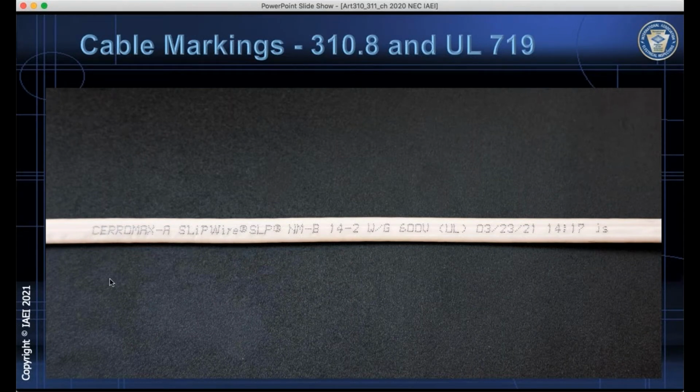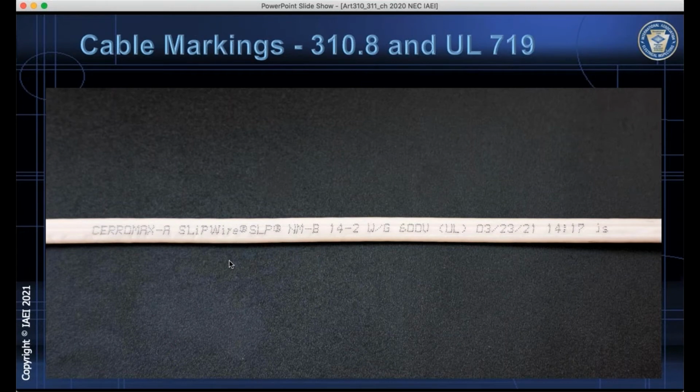So we know who the manufacturer is. Now that could be an E number. For every electrical product that UL certifies, they assign what's called an E number, and it'll be the capital letter E followed by a series of digits that will identify the manufacturer and the product. And those are perfectly acceptable to be used on cables and conductors.